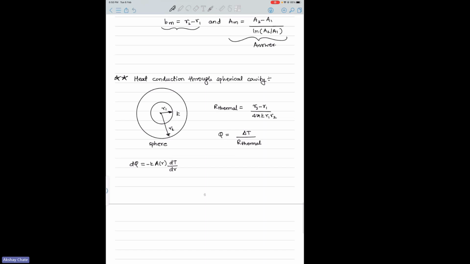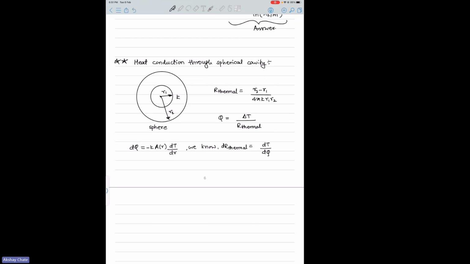And we know your differential R thermal along that spherical strip, the thermal resistance, will be dT by dQ by definition, right? So if you do that, you get dr by minus K A(r), and we know the surface area for any sphere is 4 pi r square.